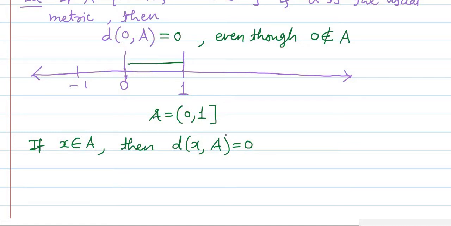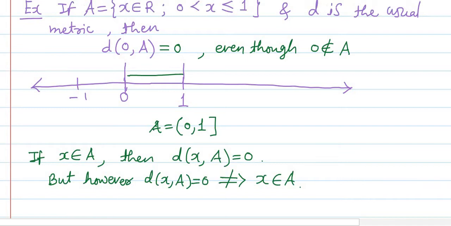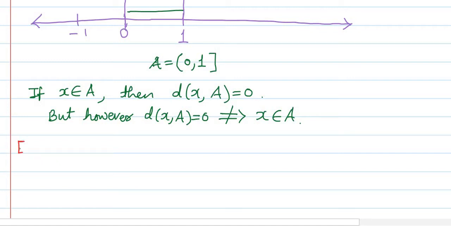However, the distance of x from A equal to 0 doesn't imply that x belongs to A. If x belongs to A, then it implies that the distance of x from A is 0, but its converse is not true, which means that if the distance of x from A is 0, it doesn't imply that x belongs to A, as is clear from the example which I have just discussed. Next, we'll consider the next example.